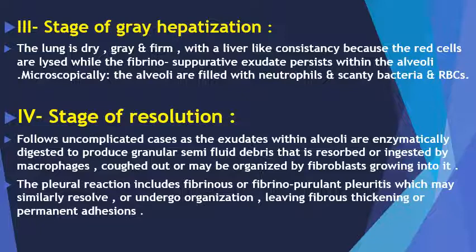Of course, the bacteria are scanty because neutrophils and inflammatory cells are engulfing them, so in this stage of pneumonia there are few RBCs and bacteria, and the alveoli are filled with neutrophils.